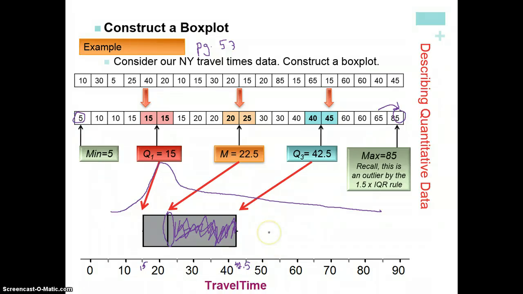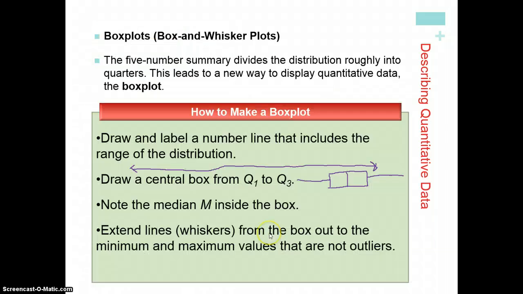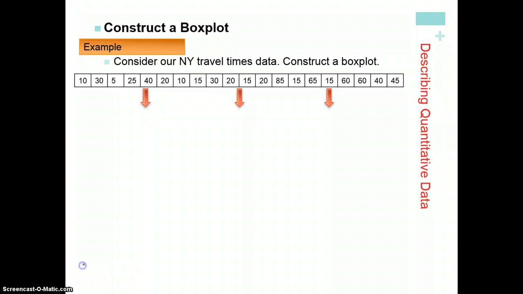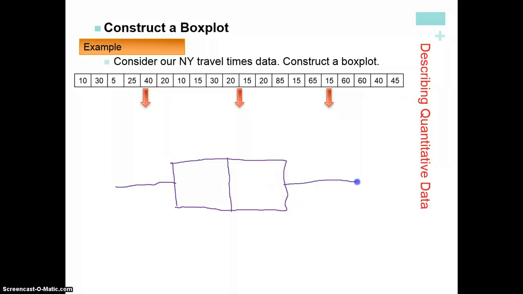A symmetric box plot would look something like, let me get rid of all this ink, would look something like this. So that would be a symmetric box plot. A skewed right would be something like we just saw, with a lot of data contained in that third quartile.